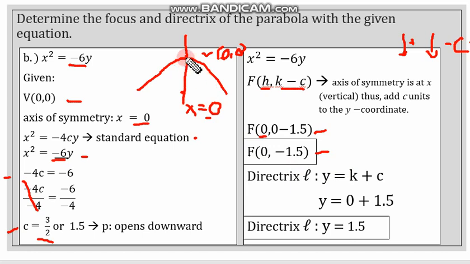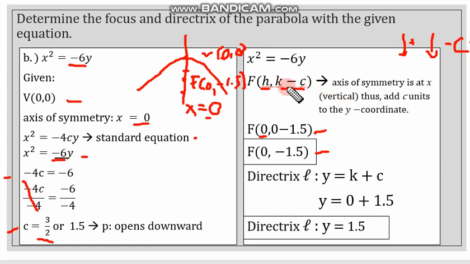If you count that, from the vertex, count 1.5 downward, somewhere here is our focus. Always draw your parabola so it is easier to distinguish your points.